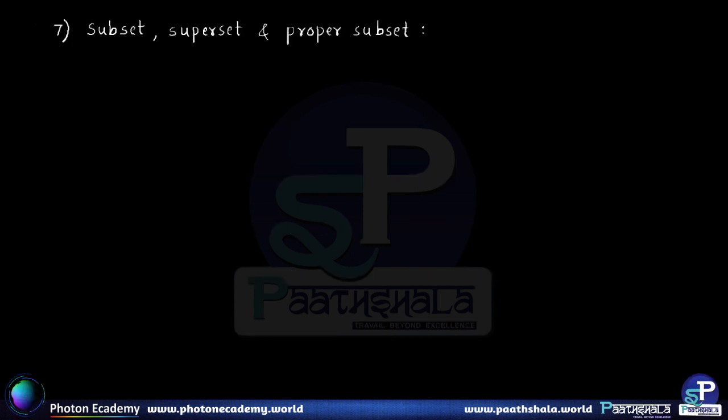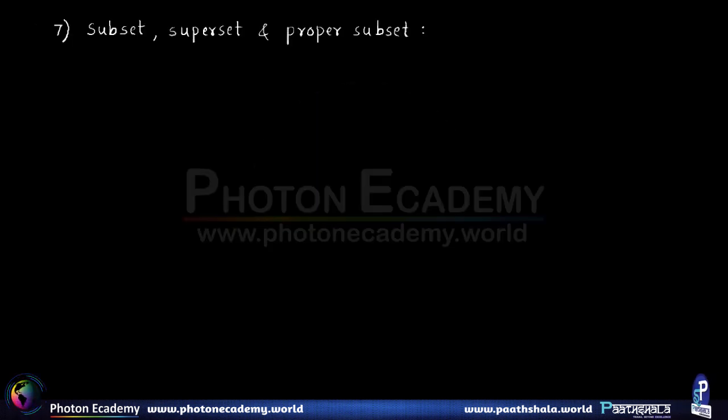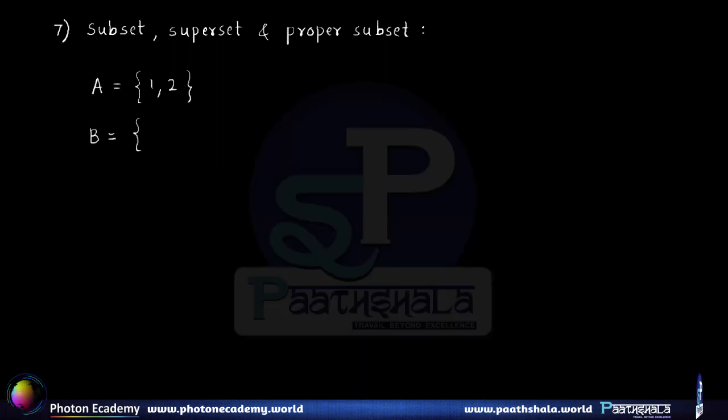Now, moving ahead, let us see one more important type of set: subset, superset and proper subset. Let's see one example here. Suppose I have A as one set having only two elements, 1 and 2, and B is another set having elements 1, 2 and 3. A is called a subset of B if all the elements of A are also present in B. That's the definition of a subset.